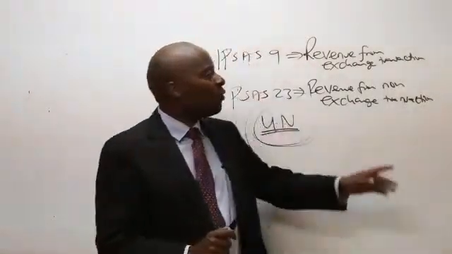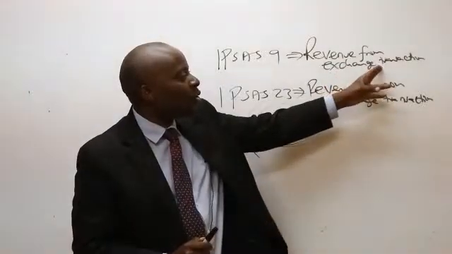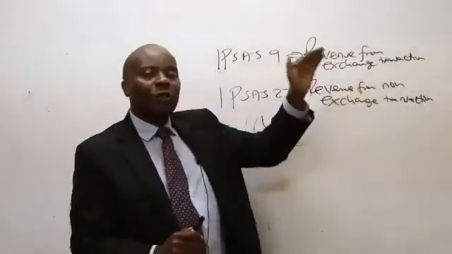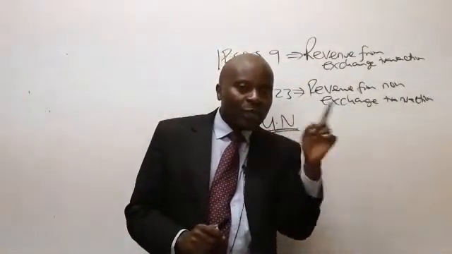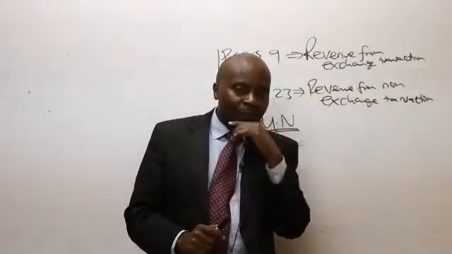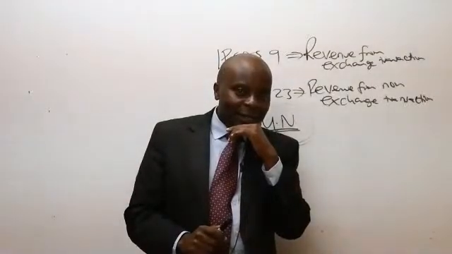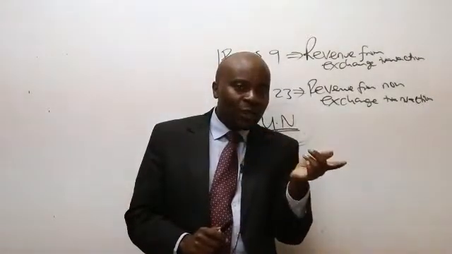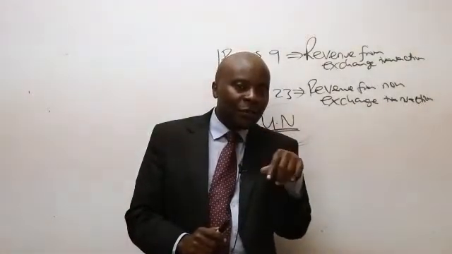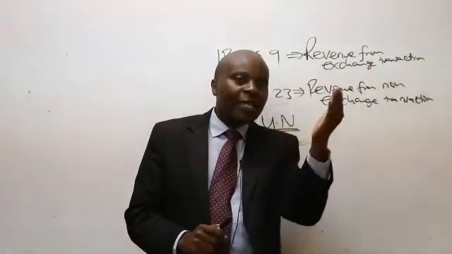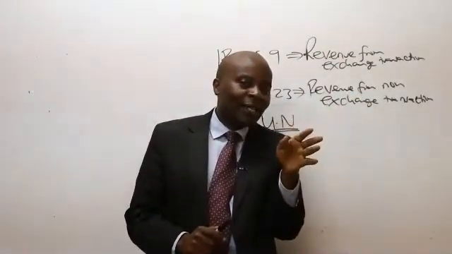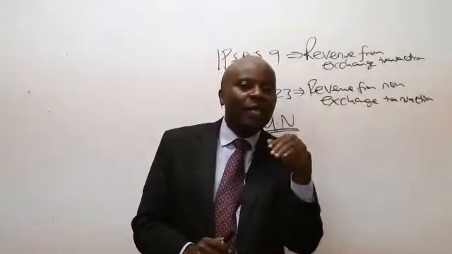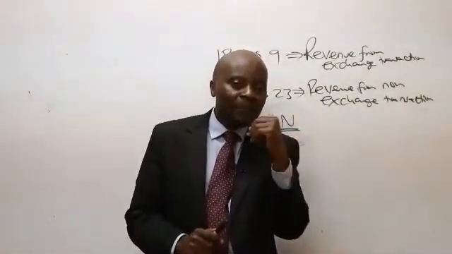So we talk of revenue from exchange transactions. If it is, for example, this UN, there are those goods that they give out, and as they give out those goods they get revenue. So the revenue they have generated here is not out of donations per se. For the revenue they got, they gave something in return.